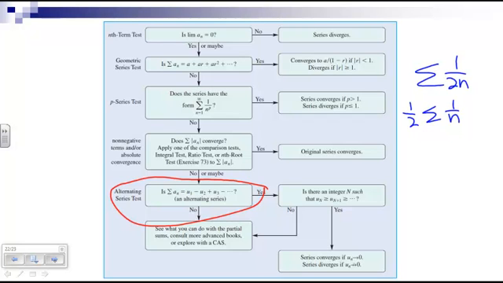In fact, I love alternating series so much, I would put it way up there because it's so easy. Ratio test and using partial sums, those are really low on my list. I'm not going to go there unless I absolutely have to.